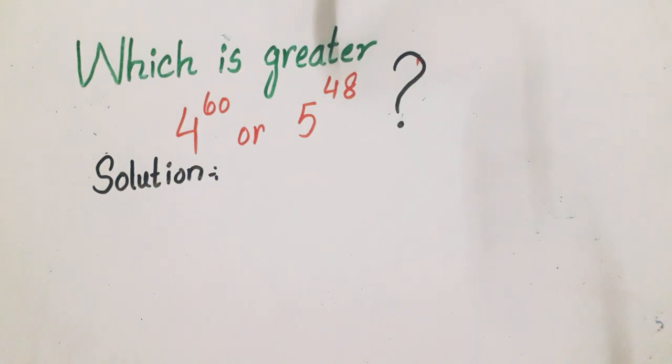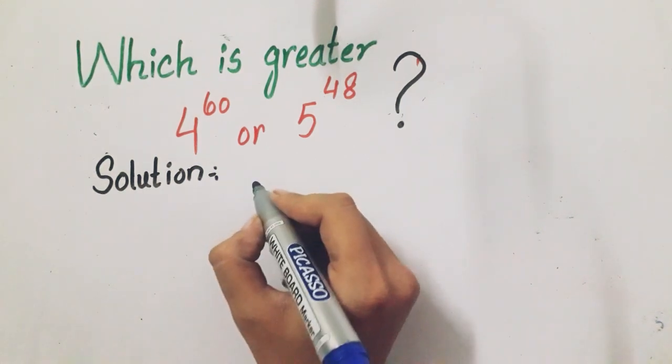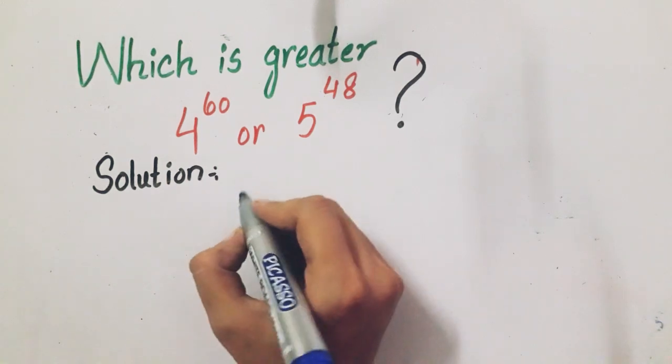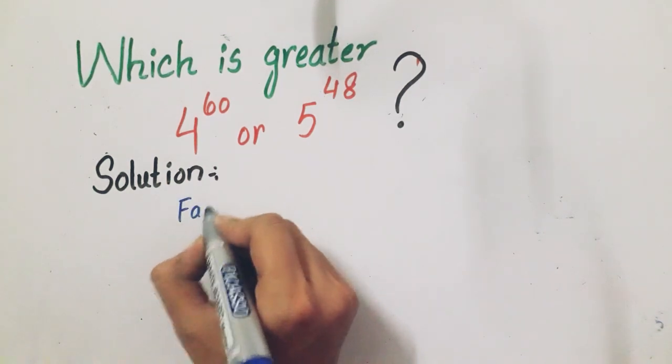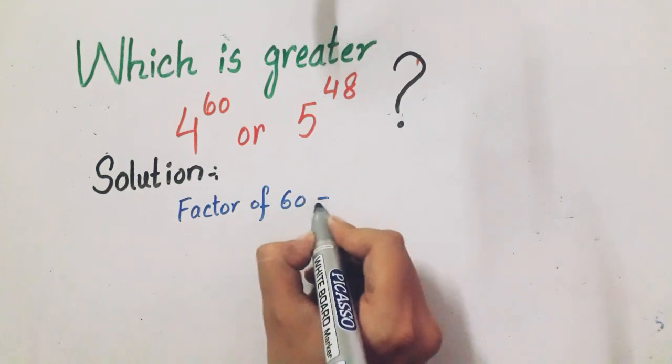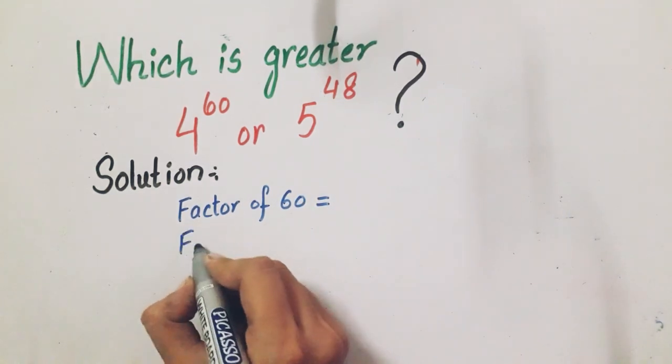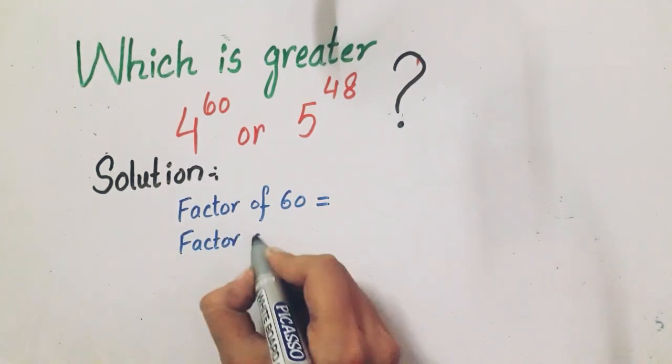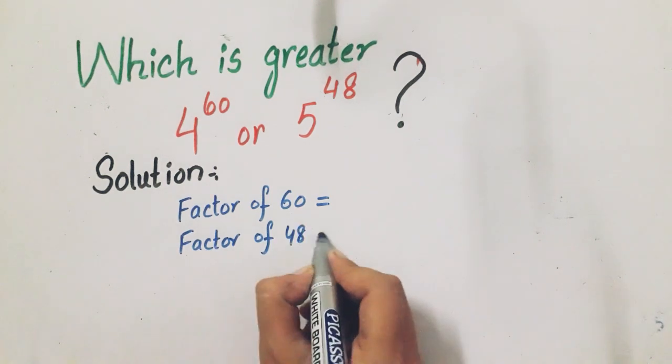So, first of all, we will make the factors of 60 and the factors of 48.